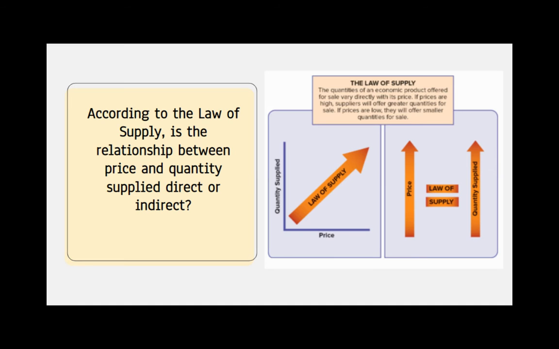You can charge $50 for a haircut, and store number X next door is only charging $10 for a haircut. Who's going to be able to offer the better overall product? Probably the $50 person.